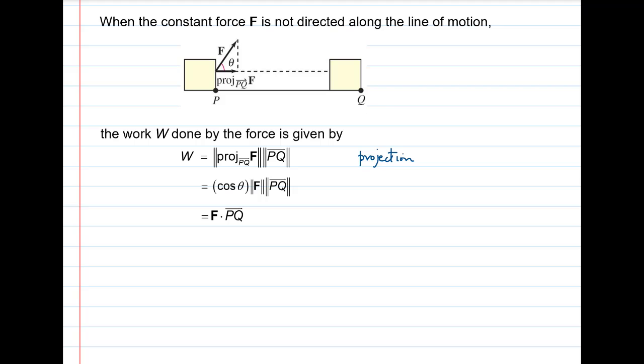Now, of course, that projection can also be written, and we can use a little bit of trig here to write the magnitude of the projection, because remember the projection is a vector. The projection of F onto PQ is a vector itself, but we're taking the magnitude of it. That's going to be equal to the cosine of the angle formed with the horizontal, cosine of theta, times the magnitude of the force.